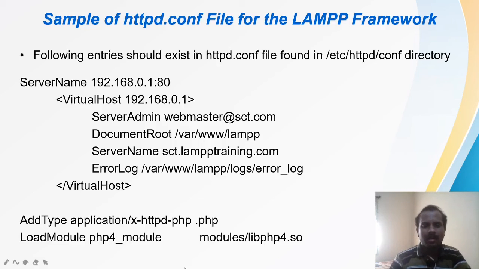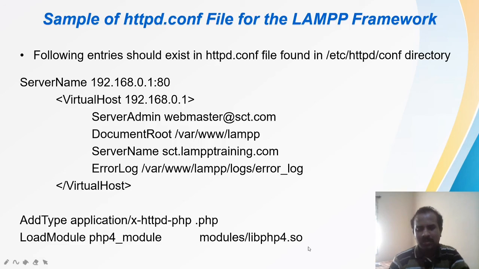Again, this main part, the section from server name, virtual host till virtual host, is very similar to the previous virtual host discussion, but only two lines you have to add, that is AddType application/x-httpd-php .php and LoadModule php4_module modules/libphp4.so.